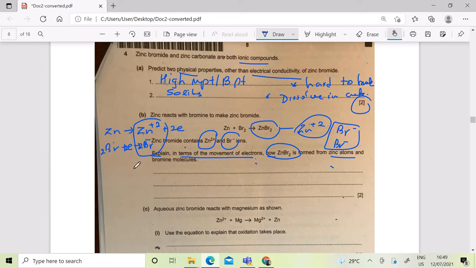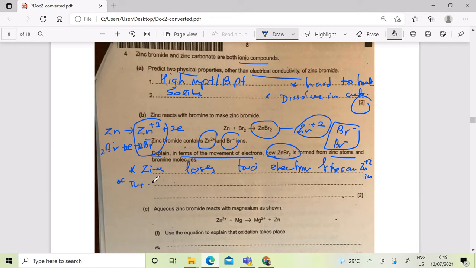Okay, you can start like this. Zinc loses 2 electrons and becomes zinc plus 2 ion.